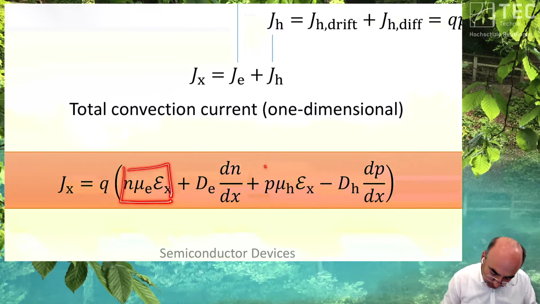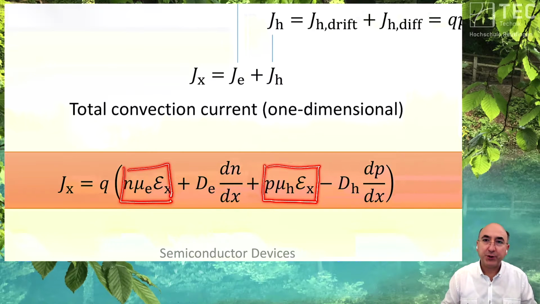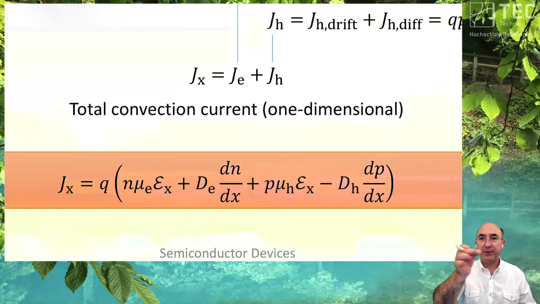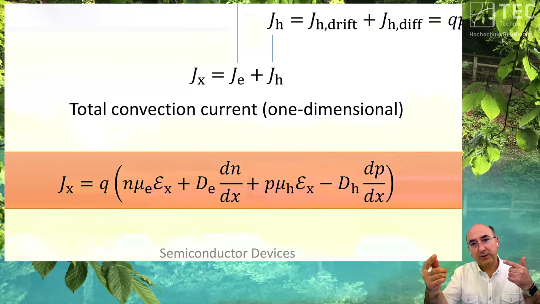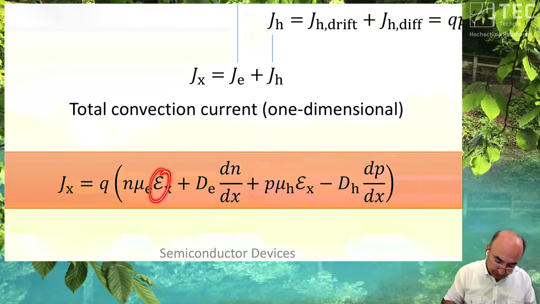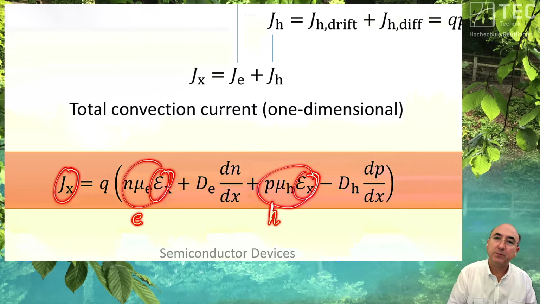The current portion caused by the voltage is unidirectional, because if the electrons move this way, the holes move this way, and the current sums up in one direction. It is increasing. So with one electric field, if you have electrons and holes, then you have more current.